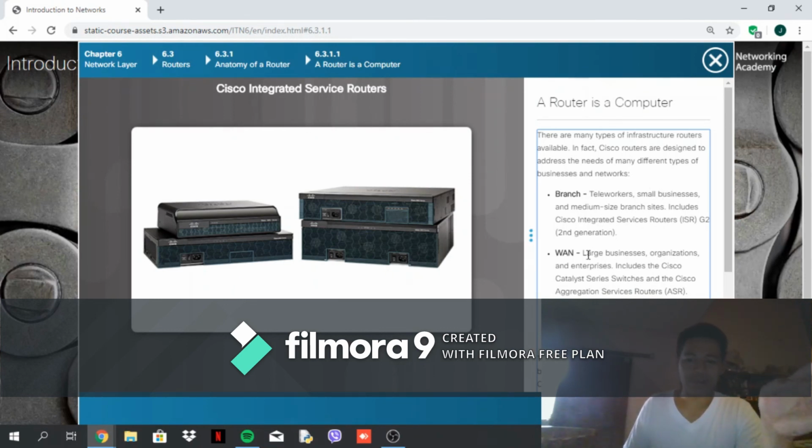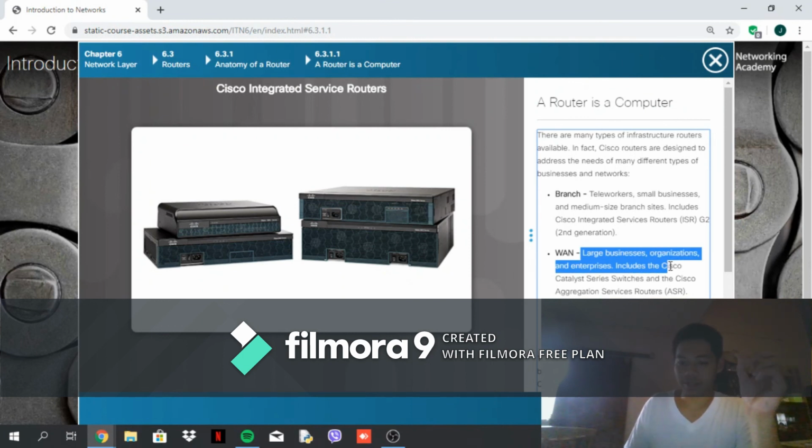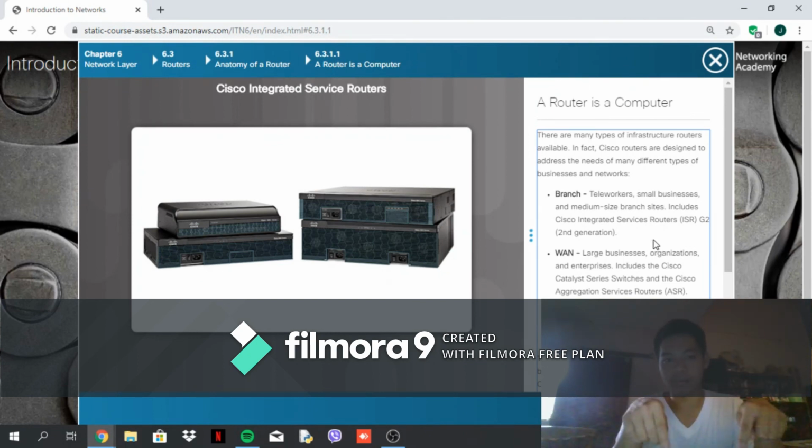In one, we have the large business or organization and enterprises, for example, the Octagon in America. It is large. It has a lot of routers, and they have lots of servers and how they store and deliver data.